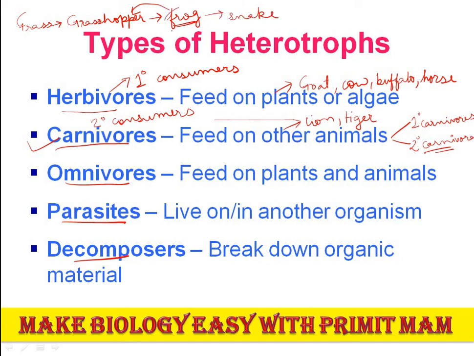So in this case, frog is called the primary carnivore because it directly eats the herbivore, and snake is called the secondary carnivore because it eats the primary carnivore.